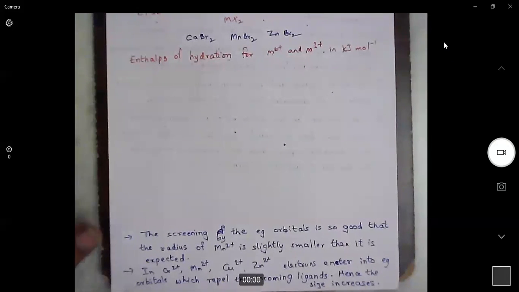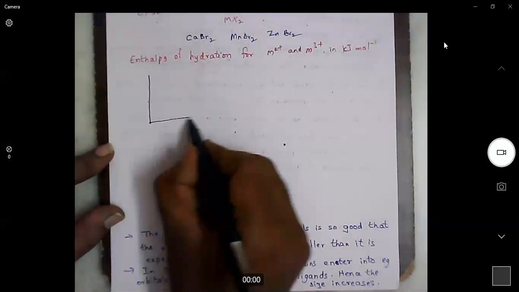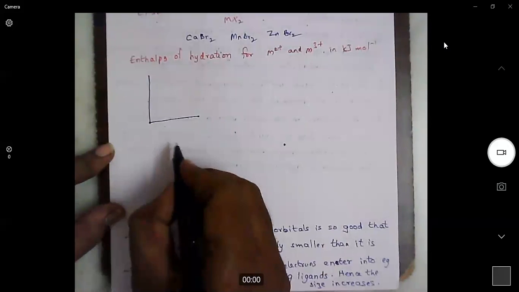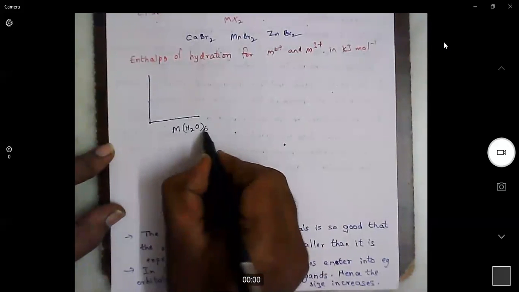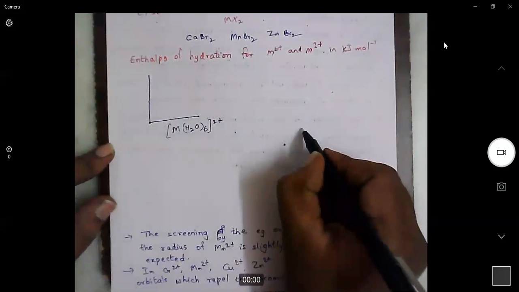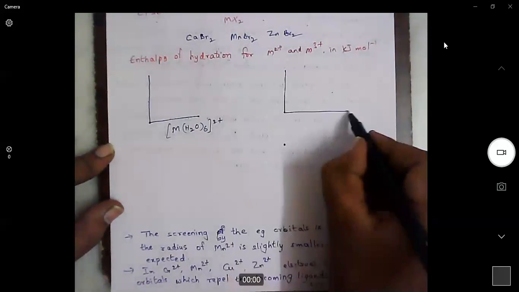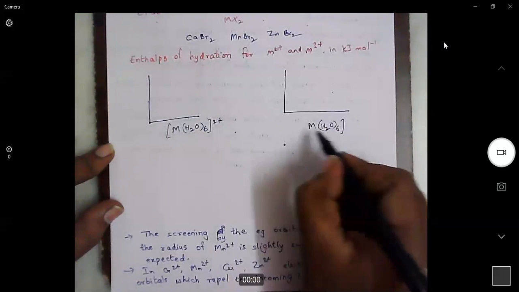Similar to lattice energy, we can also expect enthalpy of hydration for [M(H2O)6]2+ complexes or [M(H2O)6]3+ complexes.